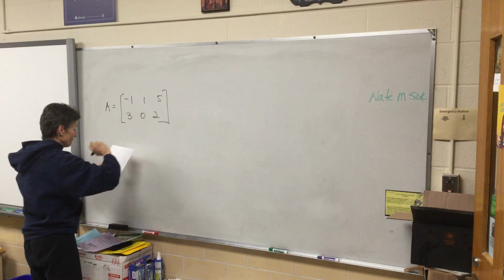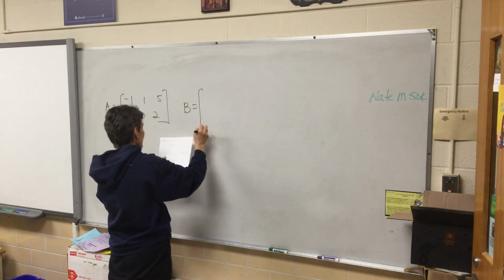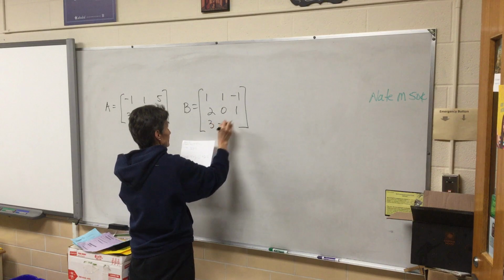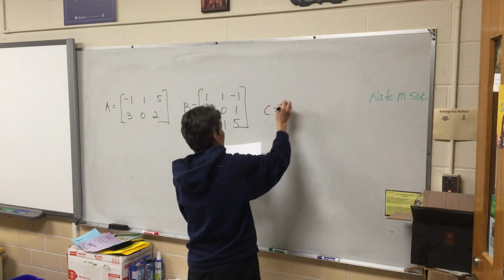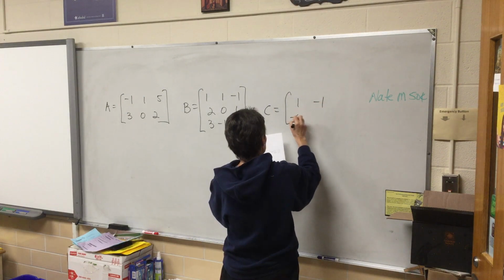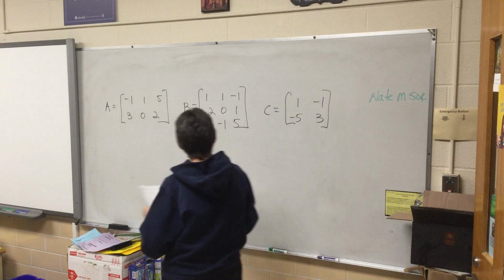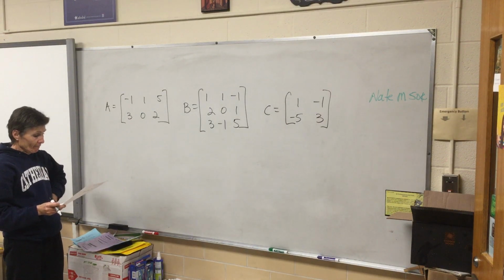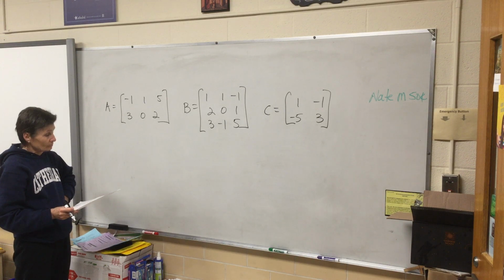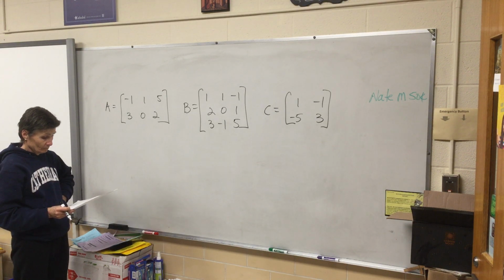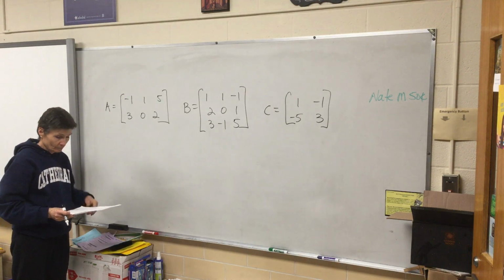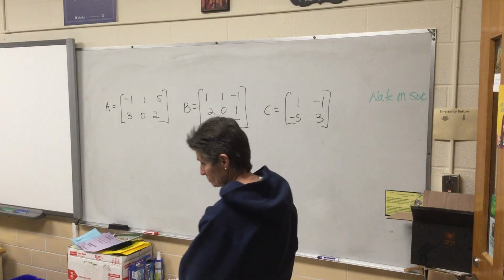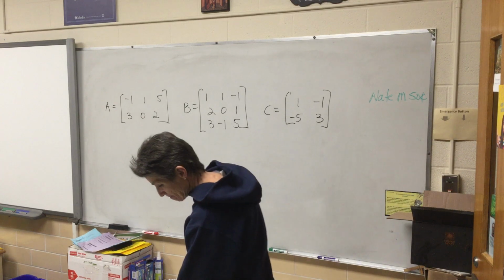One of them's called A. One of them's called B. And one of them's called C. Alrighty?